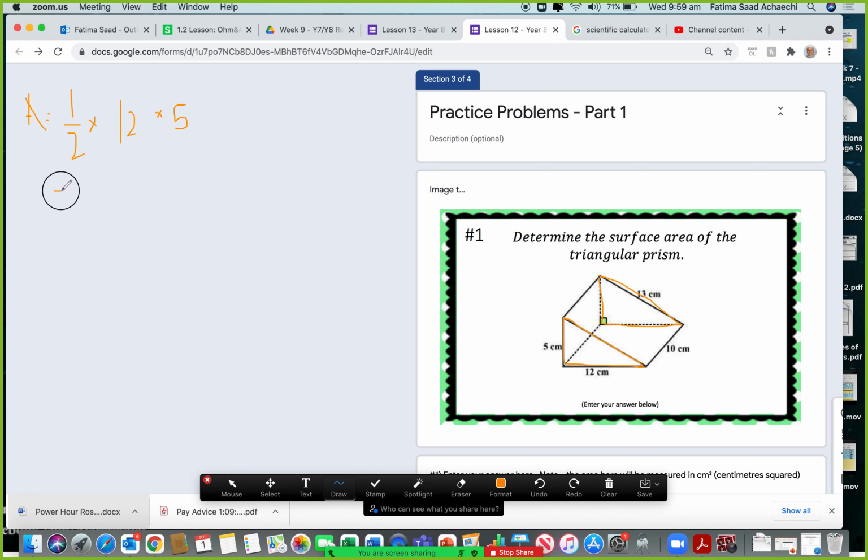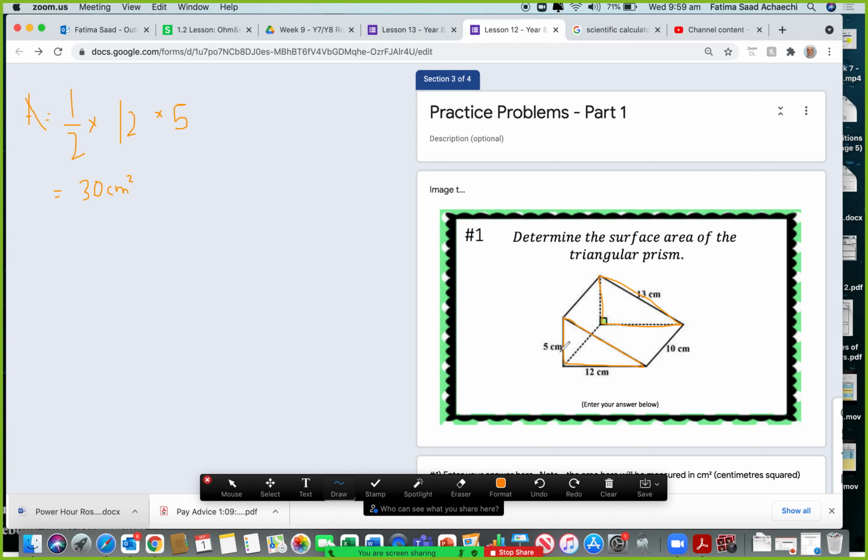Okay. So 12 times 5 is 60, and half times 60, which is like saying half of 60, is 30. And because it's centimeters, we're going to be writing our area in the units centimeters squared. All area is measured in centimeters squared. So we've just found the area of the first triangle.